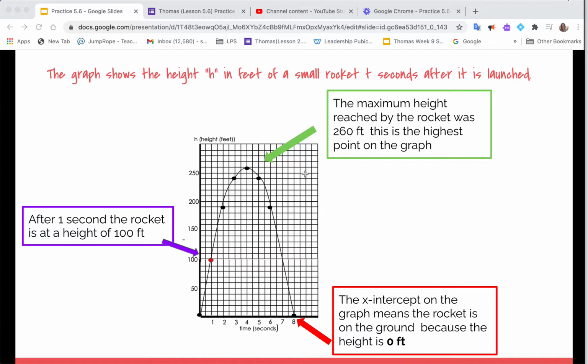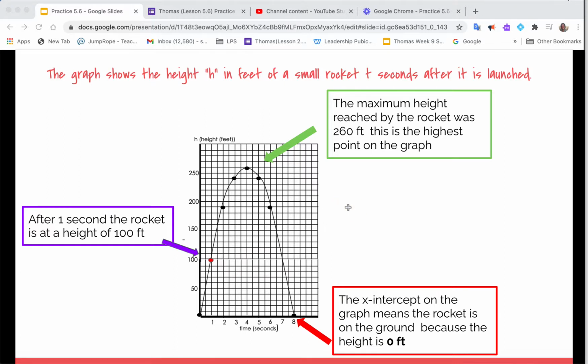And lastly, at what time will the rocket be at a height of 240 feet? So again, just reading our values, 240 is just one space below 250 because we're counting in increments of 10 feet. So we're noticing there are 2 points when this happens. So this happens at 3 seconds, and it's also happening at 5 seconds.